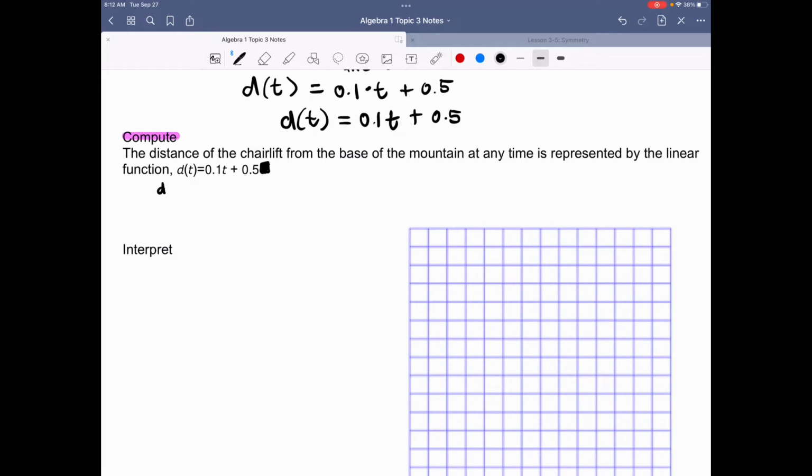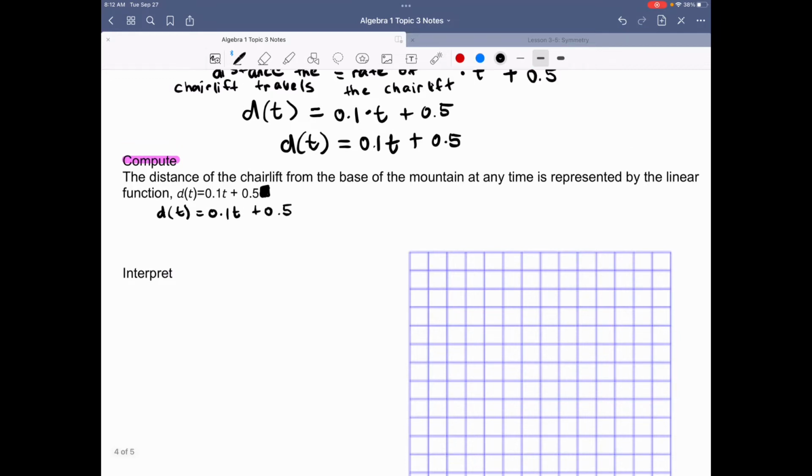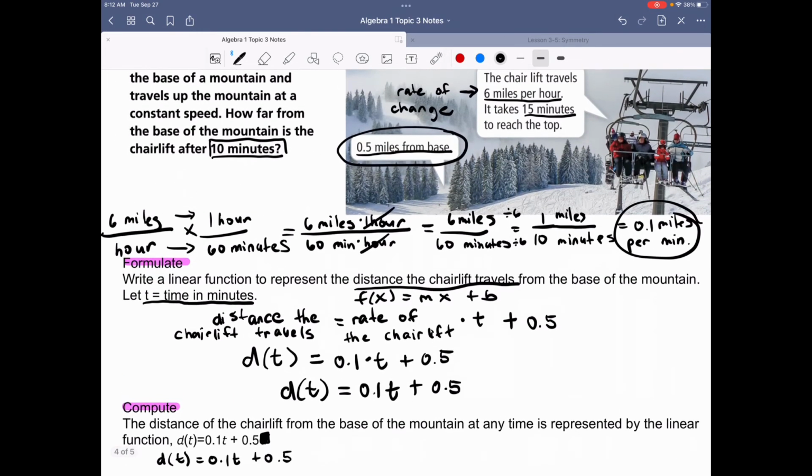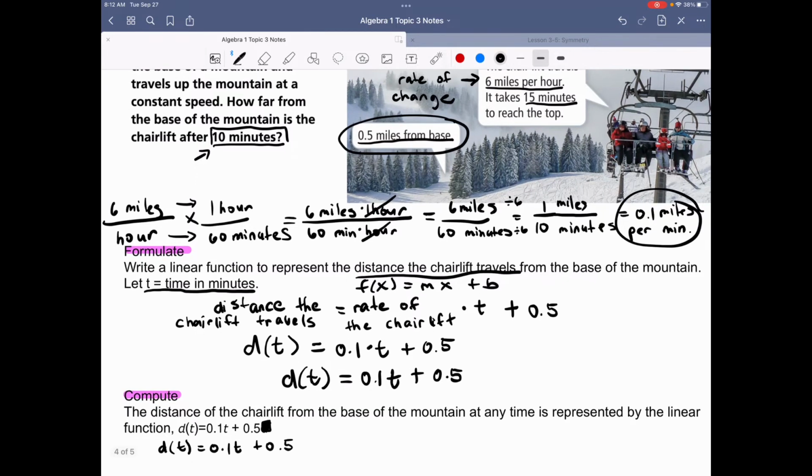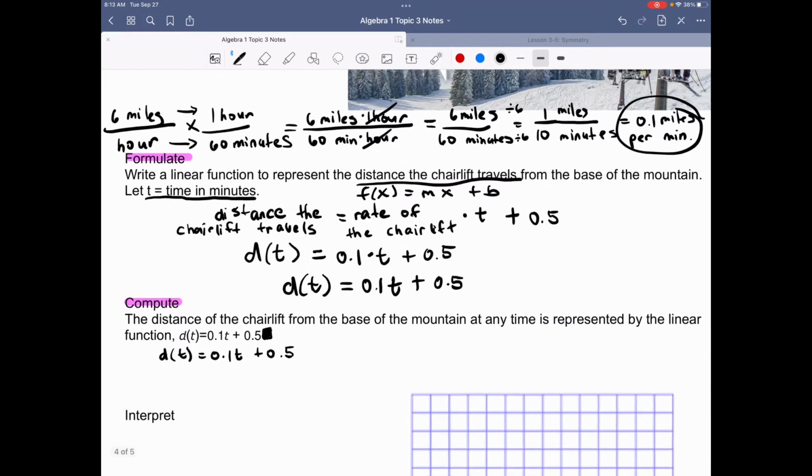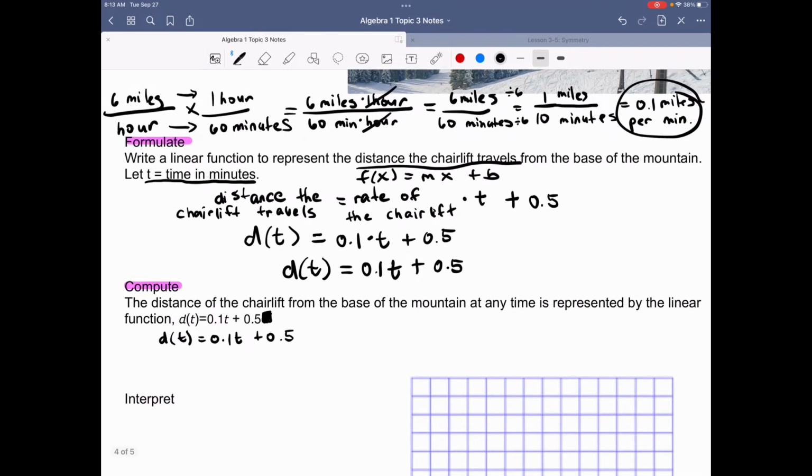But if we go back to our word problem, we are looking for how far from the base of the mountain is the chairlift after 10 minutes. So this is kind of like our x value or our x variable that we will need to input into our linear function.